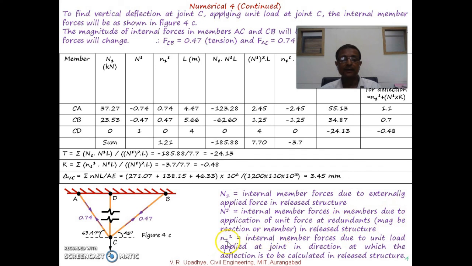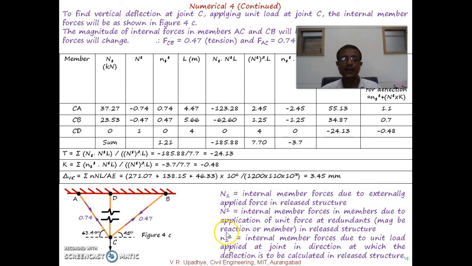And n1 dash, in the next column, gives internal member forces due to unit load applied at the joint, in the direction at which the deflection is to be calculated in the released structure. So capital N1, capital N dash and small n1 dash, this analysis is in the basic determinate structure.